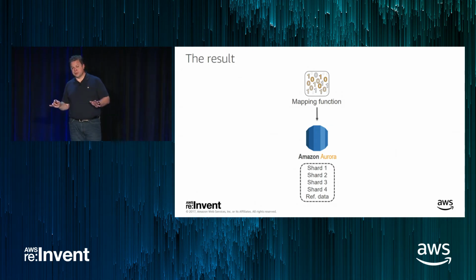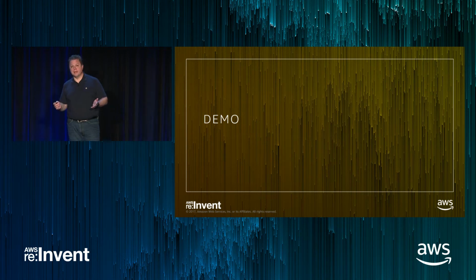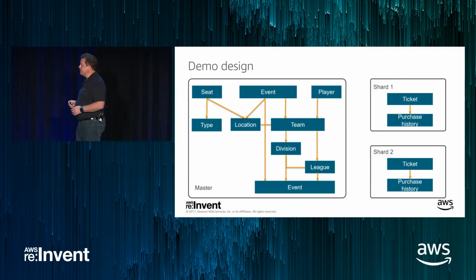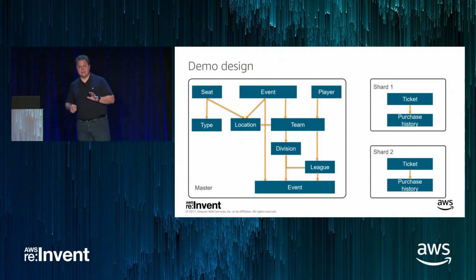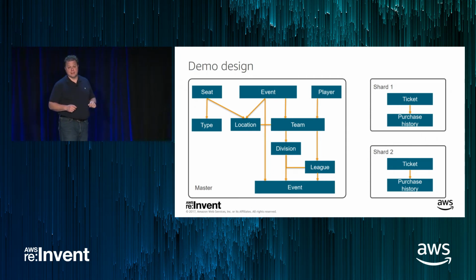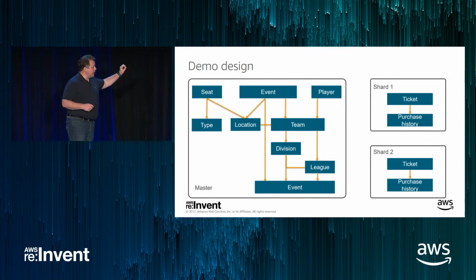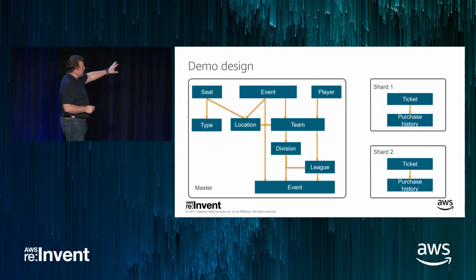So this all sounds great in concept, but what if we were to take a look at a demo and see this actually in practice? What I have here is a database for a ticketing system for sporting events. If you look on the left, we have our reference data. This is the master shard. You can tell by looking at the tables in here that these are the reference tables.